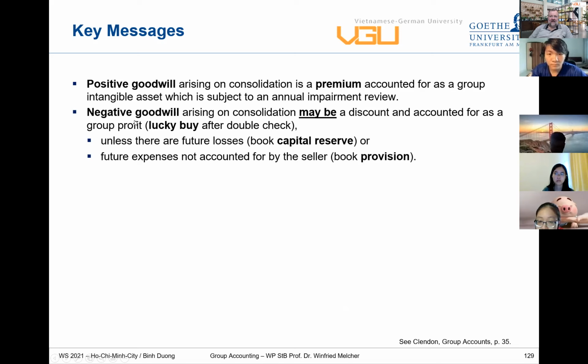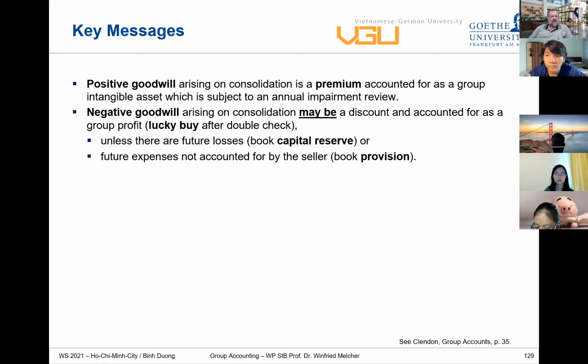If you have a negative difference arising on consolidation, that may be a discount and accounted for as a group profit, so a lucky buy after double checking. Unless there are future losses, then in that case you book a capital reserve. And if you have future expenses not accounted for by the seller, in that case, you would book a provision. All right, I think that's it.